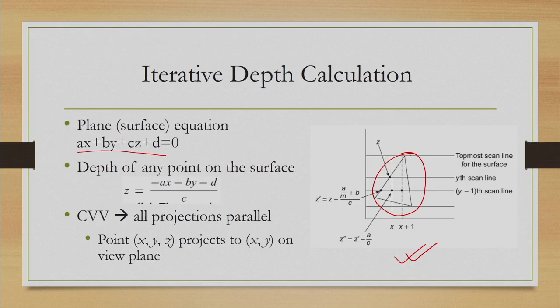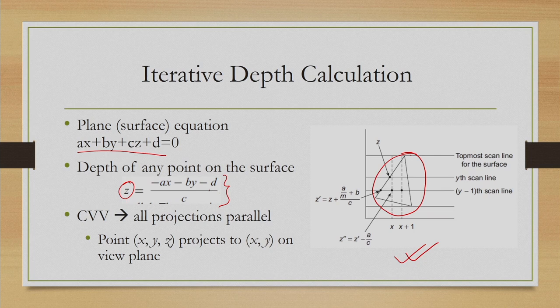Again, if you are not familiar with these, you may refer to basic textbooks on vectors and planes. Now, given this surface equation, we can find out these z values in terms of a, b, c as shown here, and z value is the depth of that particular point.